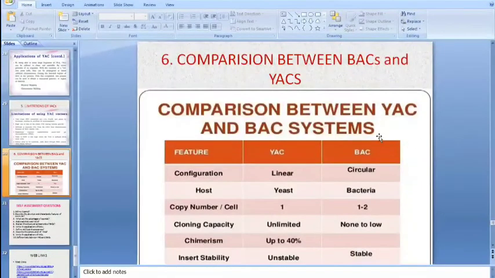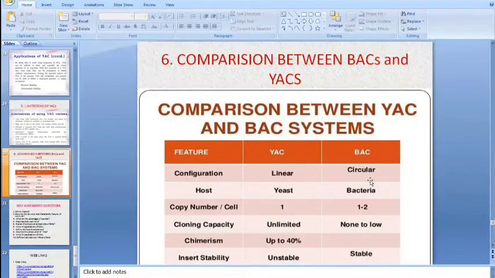And of course, this is the last slide. It is the comparison between BACs and YACs. As far as the configuration is concerned, BACs are circular, whereas YACs are linear. As far as the host is concerned, for BACs, bacteria is the host, whereas for YACs, yeast is the host cell. The copy number is somewhat low, one to two in BACs.